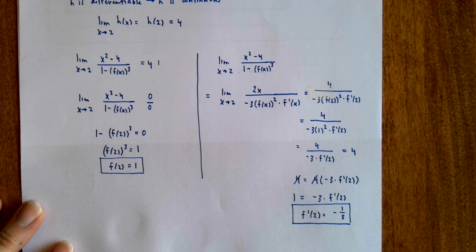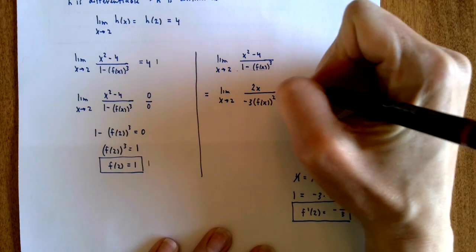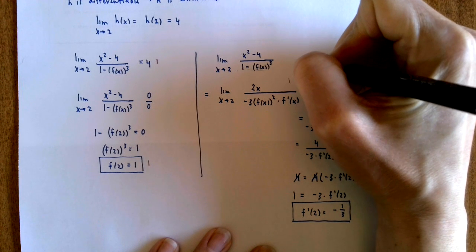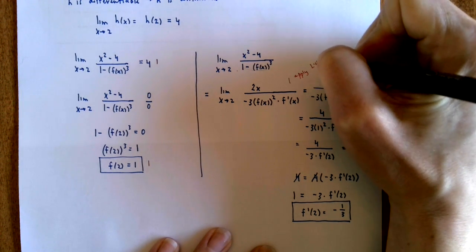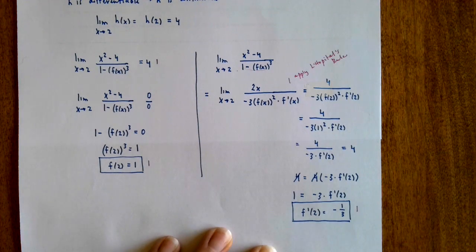There was, I think, a point for f of 2, a point here for applying L'Hopital's rule, and then a point for finding f prime of 2.